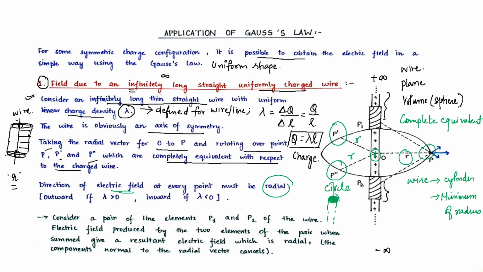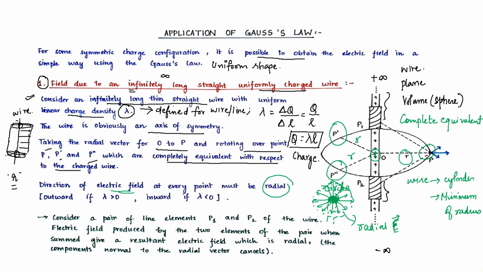So the circular cross-section will give electric fields in this direction, this direction, all the possible directions. Once we draw these electric field lines from this surface, we can see they are radially expanded out, radial E. So the direction of electric field at every point must be radial.